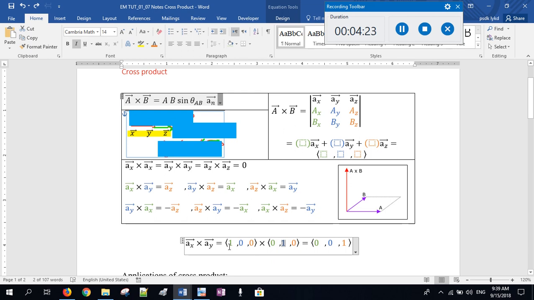Here it will be 1, 1 times 1 is 1. And we have here X and here Y. The result will be in the Z dimension, so we write it in the Z dimension. So it is AZ.